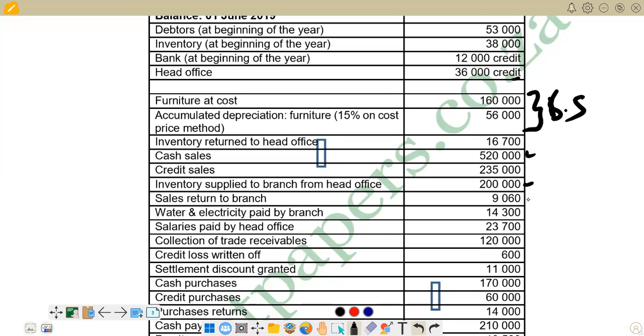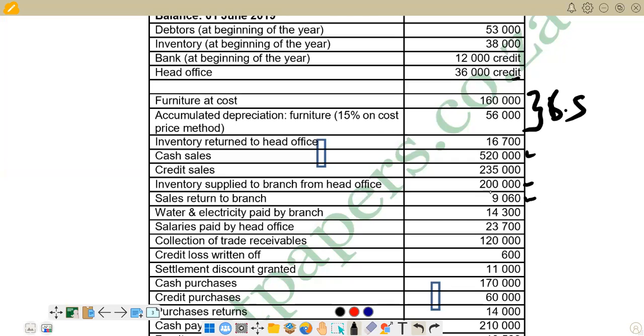Remember, when we have sales returns, they reduce the figure for sales. Remember, total sales is cash sales plus credit sales, then we get our total sales. So this one plus this one, the total that we get, we subtract 9,060 to get the net sales figure.